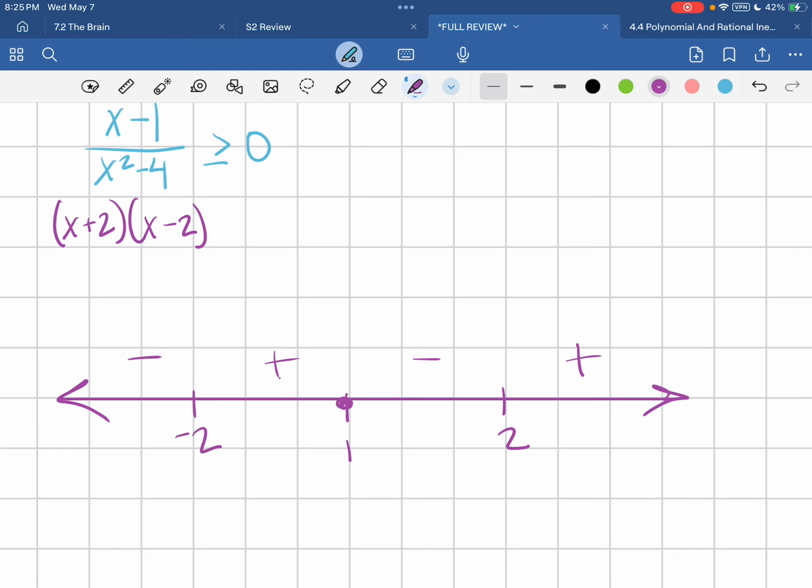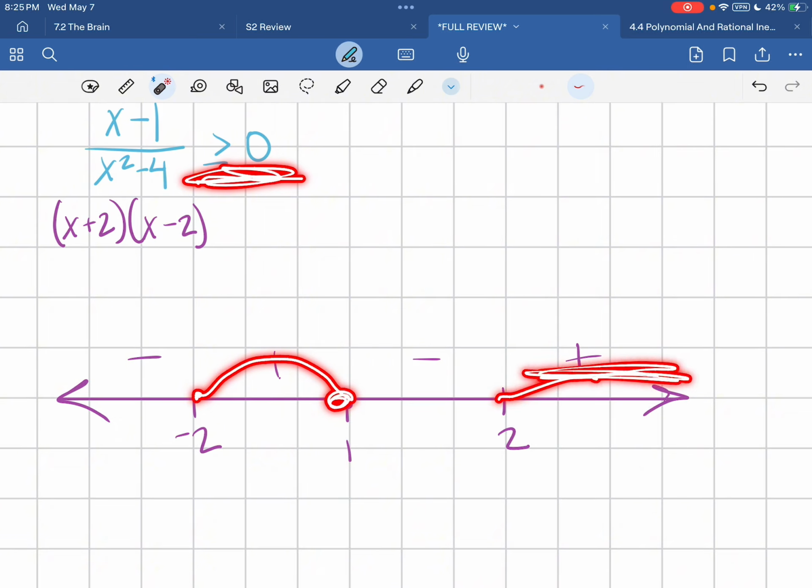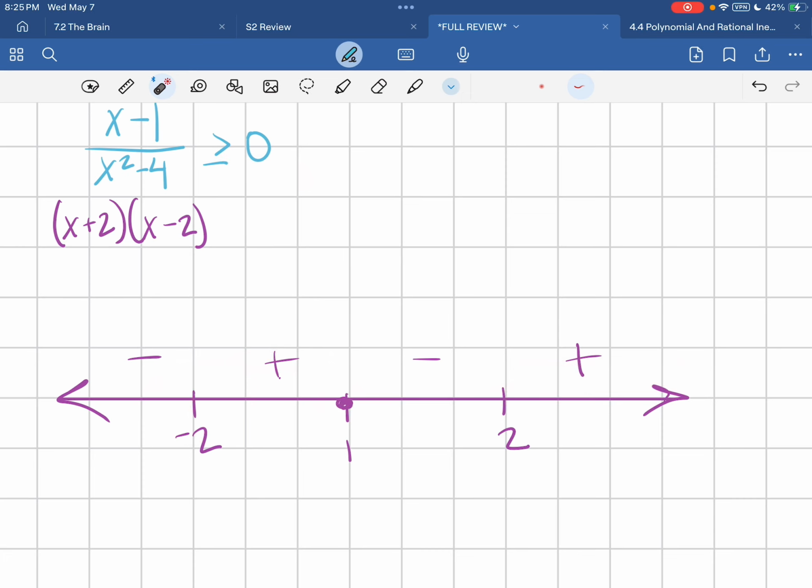And then you're trying to find everything that's greater than or equal to 0, which would be from here to here, and then here to here. Since this is a vertical asymptote, we can't include negative 2. So we would get, these are open circles, negative 2, comma 1, and then 2, comma infinity.